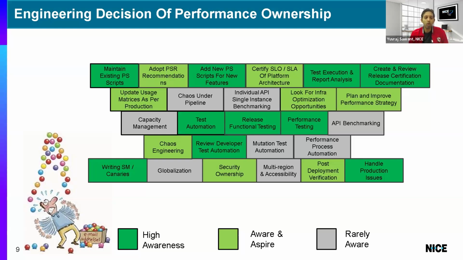The ratio of any software engineering team is usually 80-20, is what I have observed: 20% QA members, 80% developers. In this 80-20 ratio, what I am showing here is the expectations we have from our QA engineers today. Is it fair to expect all of this to be done manually? Is it fair to expect all of these things from our QA engineers? That is what we need to decide.